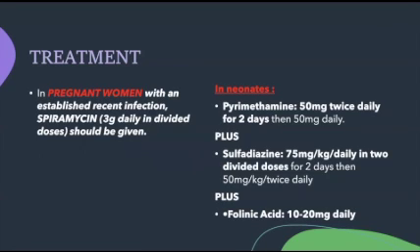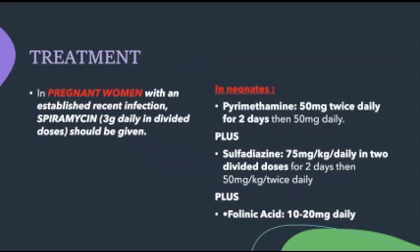When it comes to treatment in pregnant women with an established recent infection, the medicine is spiramycin, 3 grams daily in divided doses. In neonates, it's pyrimethamine, 50 milligrams twice daily for 2 days, and then 50 milligrams daily.